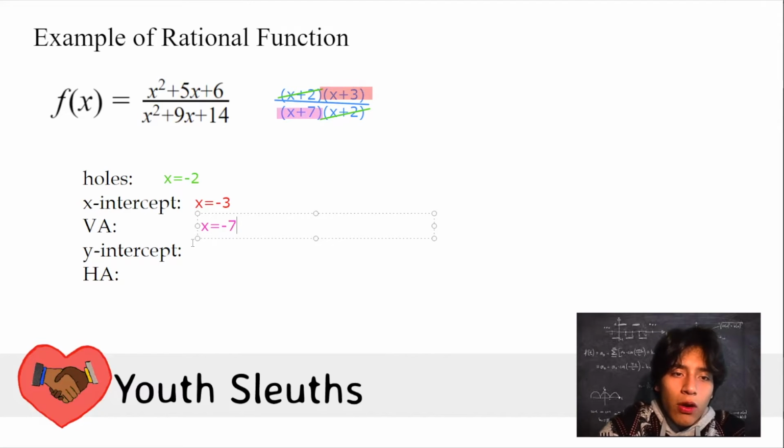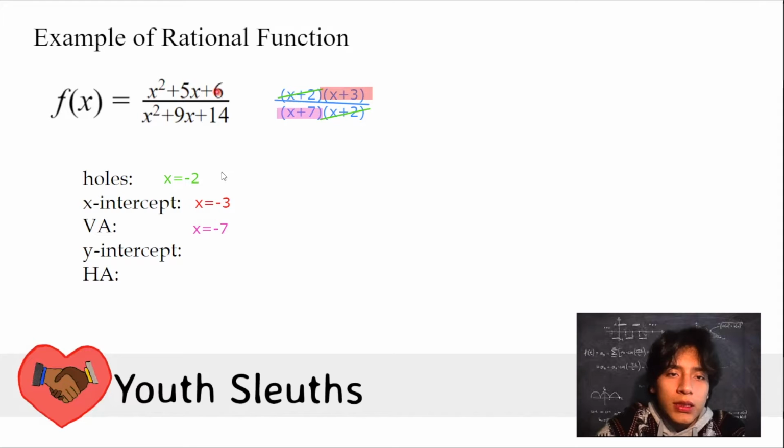Now, for the y-intercept, we have to plug in 0 into this rational function. We can do it in the factored form, or we could do it in the standard form. And we're going to do it in the standard form because it is easier. So we plug in 0. 0 squared is just 0, plus 5 times 0 is 0.